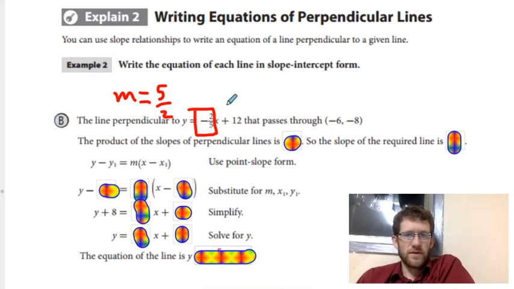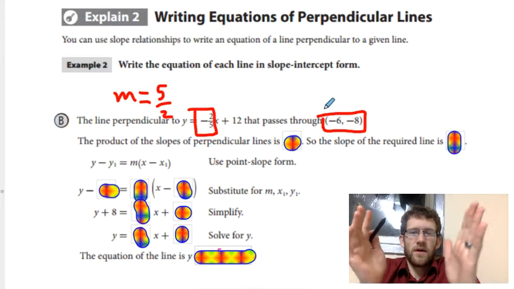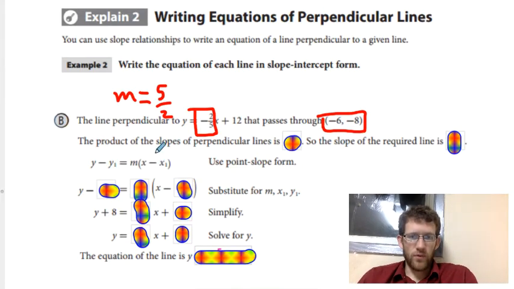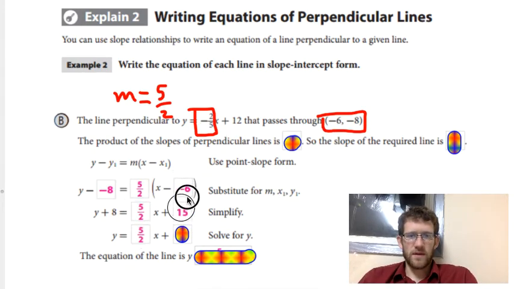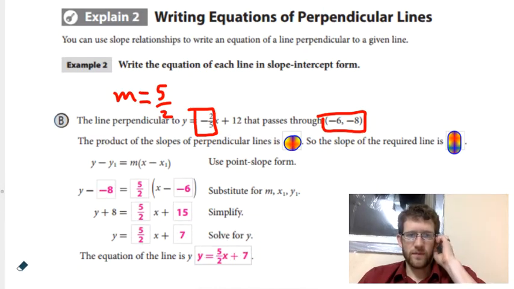So the slope is 5 over 2, and it passes through this point, and then from here on, it's the same problem. All I have to do is write out point slope form. I plug in my values. In this case, it's negative 8. The slope is 5 over 2. The x value is negative 6. And then I simplify and I get my equation.